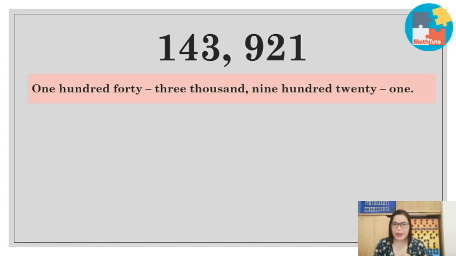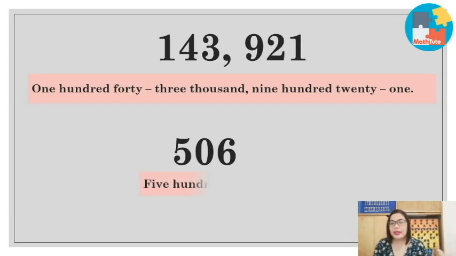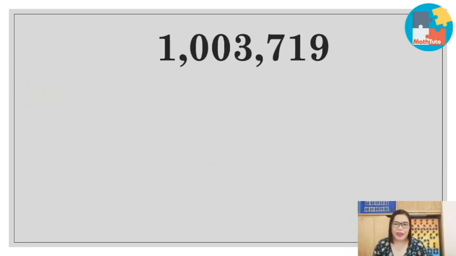143,921 in this way. So let's have 506 now. As you can see, this number is composed of only one period, which is the ones period. So no comma is needed, and there is no number between 21 to 99, so we will just simply write 506. Okay, so I hope you get it. So let us have a bigger number.